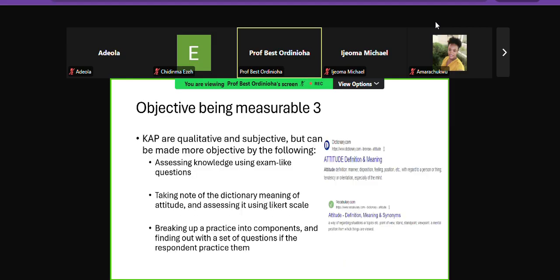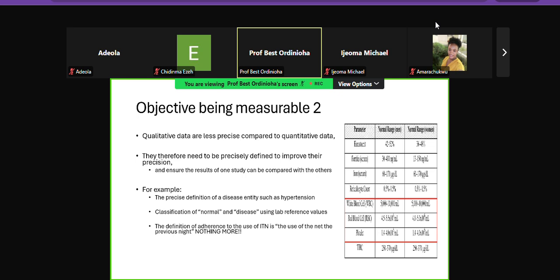Even when words are spoken, a lot of you will do studies with questionnaires. A questionnaire records words, but you have to find a way to make it more objective, to add objectivity and measurability to those words.